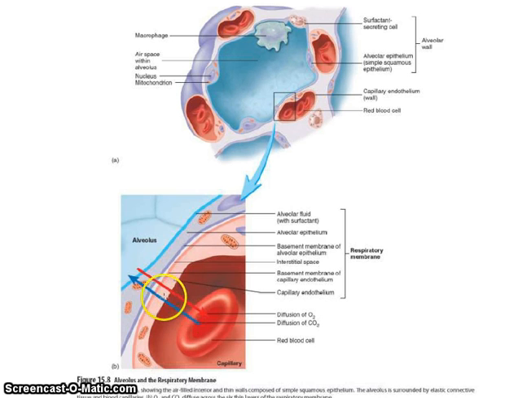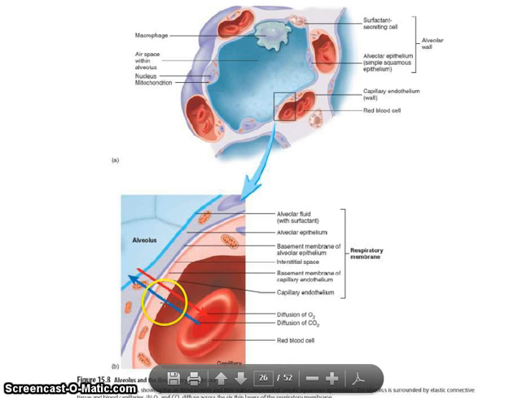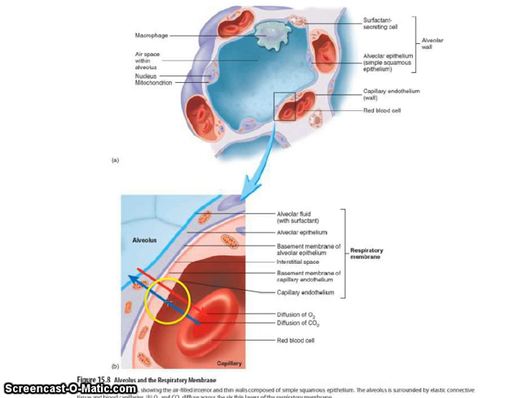The carbon dioxide, which was picked up in cellular tissue as part of the metabolic waste product of active tissue, needs to diffuse through basement membranes, the respiratory membrane, the interstitial space between the membranes, and finally to the alveolus, so that this carbon dioxide can then be exhaled via the lungs.